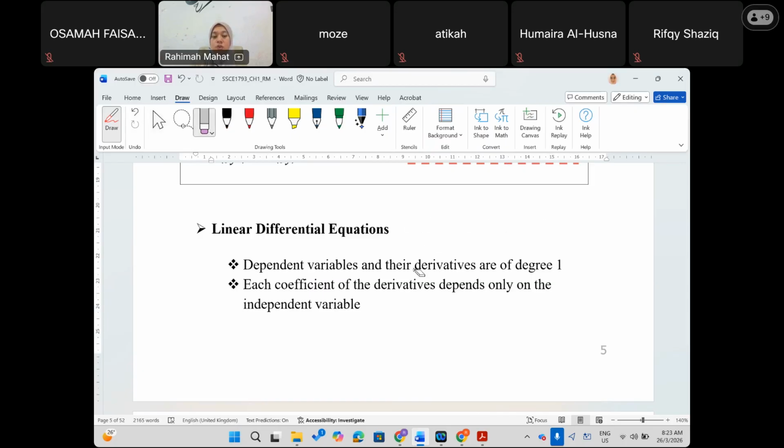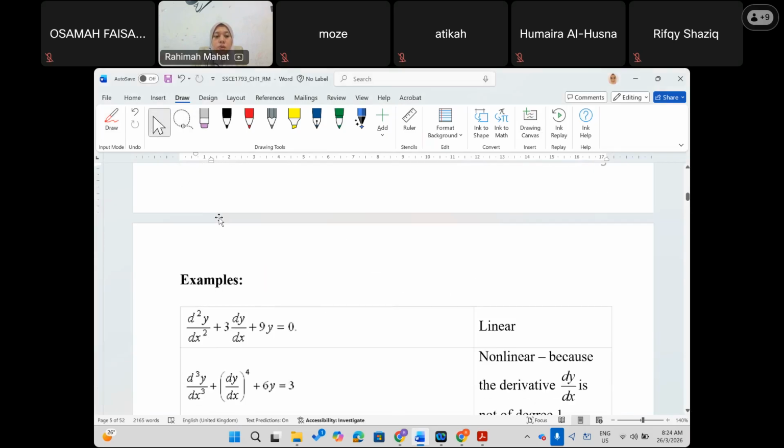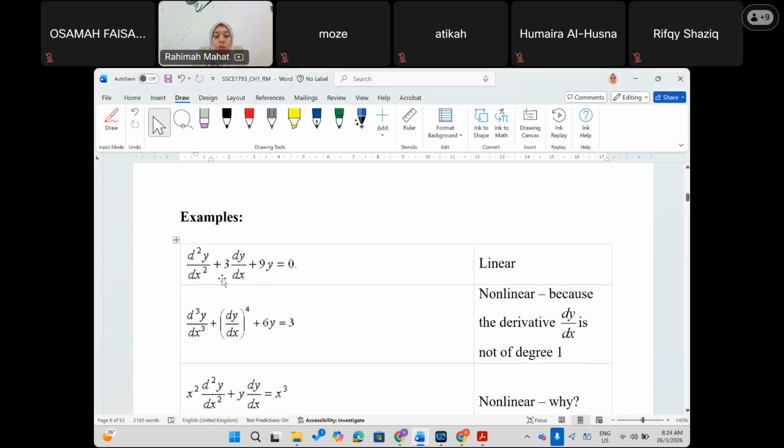Okay, so we go to the description here. The derivatives are degree of 1 and each coefficient of the derivative depends only on the independent variables. This is the example here.